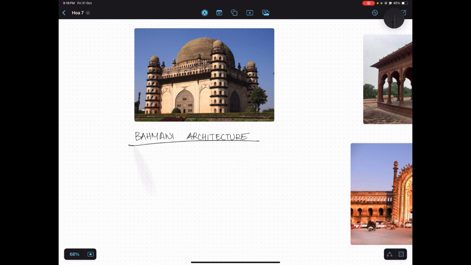Bahmani architecture is mostly in the region of Karnataka, more so in Bijapur.